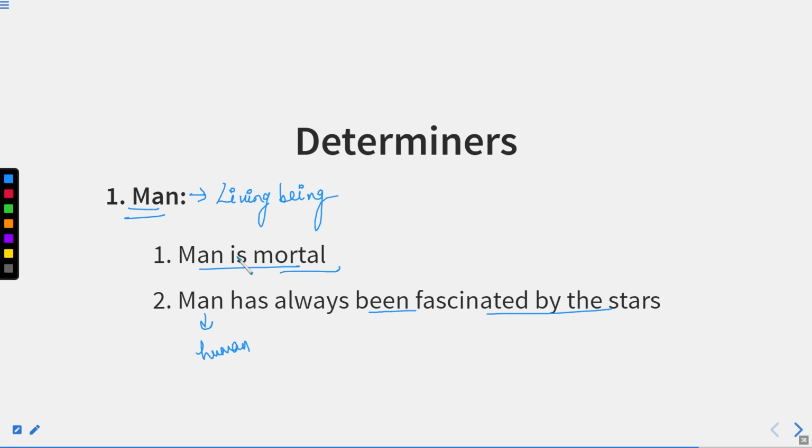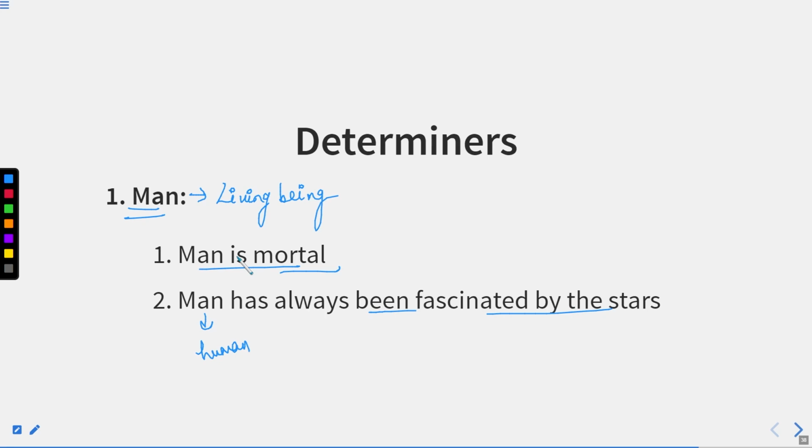So, if I say fish lives in water, that does not mean that I'm talking about only a single fish. I'm talking about all the aquatic animals that live in water, because there are various animals that are not fish. For example, if I talk about the blue whale, of course, blue whale is not a fish. It is a mammal. And that also lives in water.